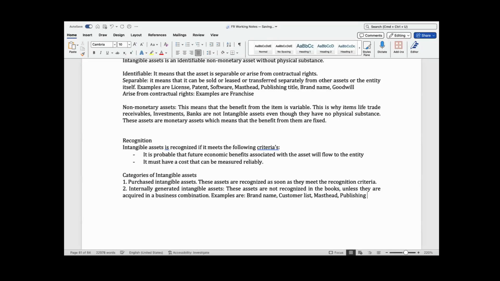These are names that people have worked for to obtain. You cannot put them in the books unless they are acquired in a business combination, right? So they can ask you this in the exam, to list examples of intangible assets that are not recognized in the books, and they will tell us in what situation they can be recognized in the books. So we don't recognize them.